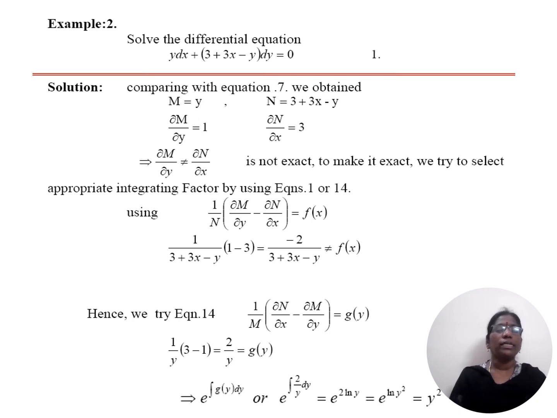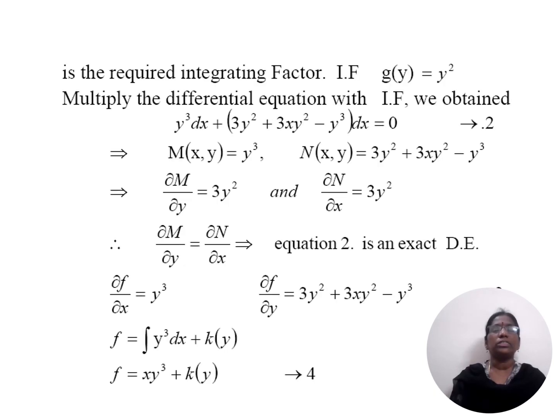This equation is a non-exact equation because ∂M/∂y = 1 and ∂N/∂x = 3. This equation can be made exact by taking the integrating factor as follows: (1/M)(∂N/∂x − ∂M/∂y) = 2/y, which is a function of y alone, and therefore the integrating factor is e^∫g(y) dy, or e^∫(2/y) dy = y². That is, the integrating factor is g(y) = y².